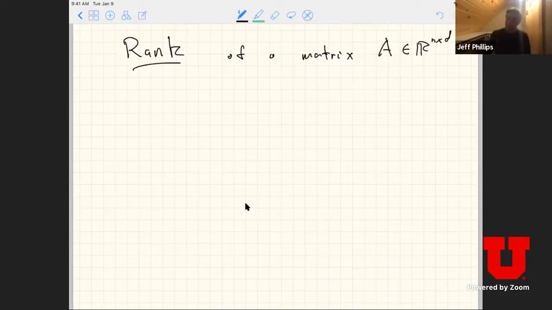In order to define rank, you have to talk about the notion of linear dependence. If you have these rows A1, A2 up to An of A, each of these Ai is going to be in R^d.